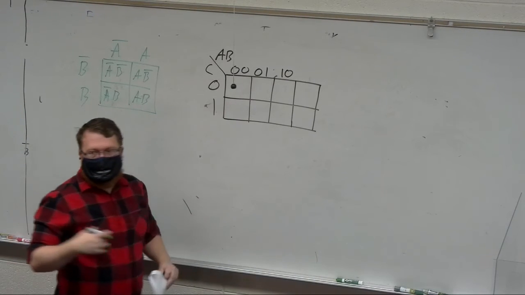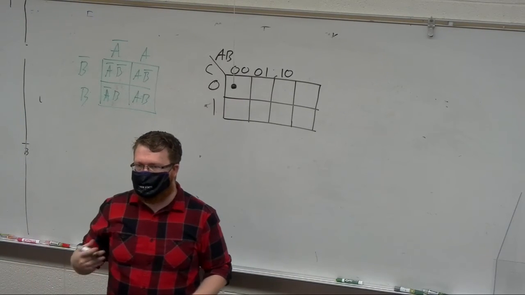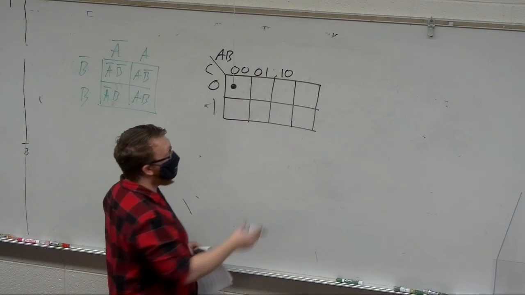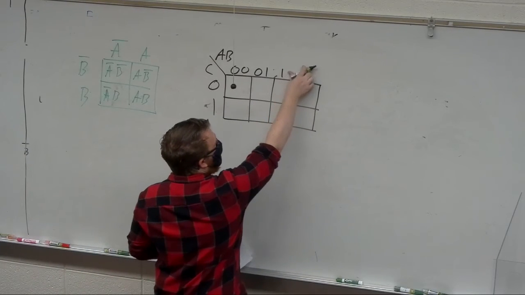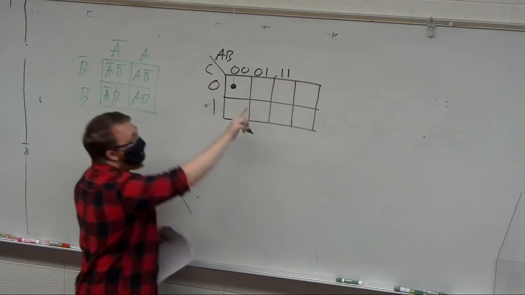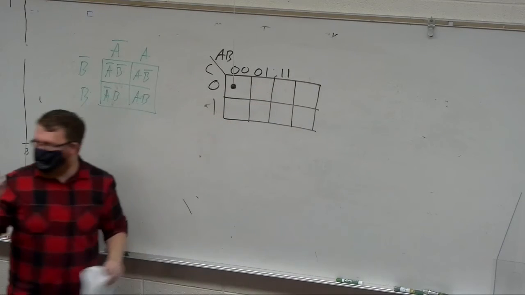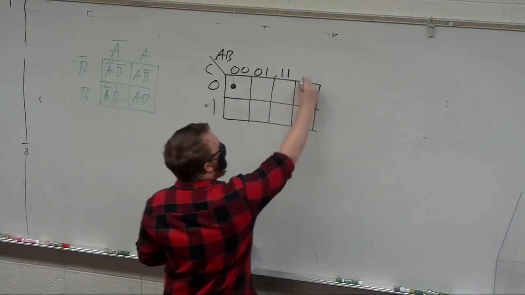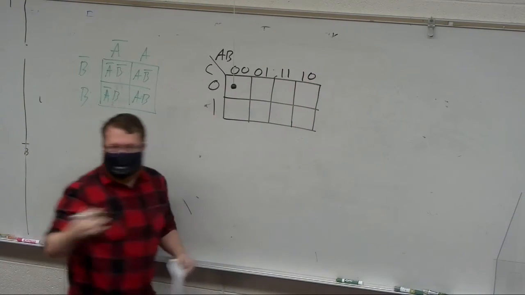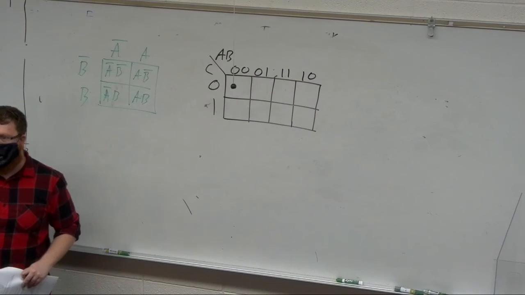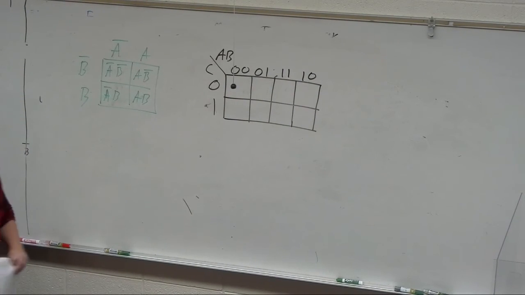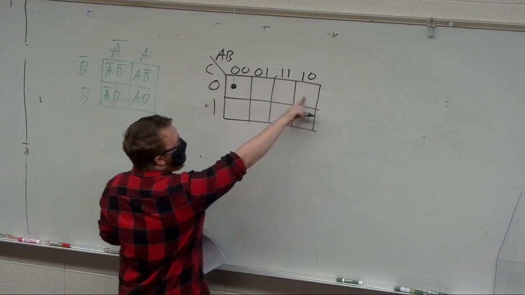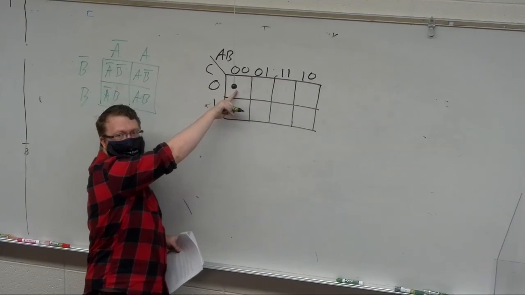So we start using what we call Gray code, where now 0, 1 to 1, 1, only one term has changed. It is still logically adjacent, and now I can do the 1, 0, and it is still logically adjacent. What makes this even more interesting is this box and that box are also logically adjacent.